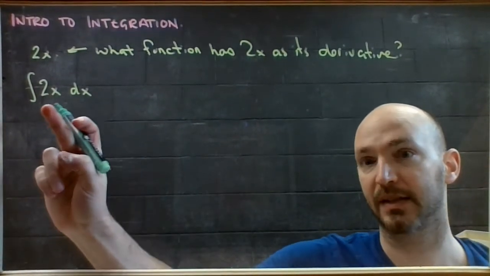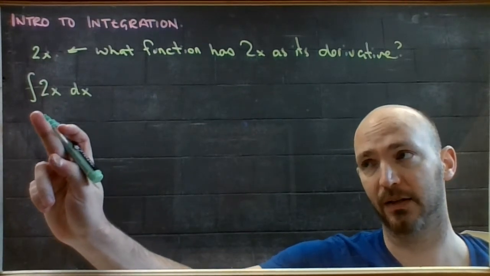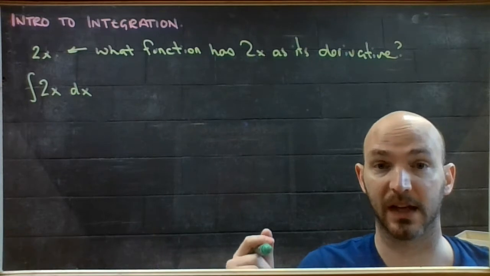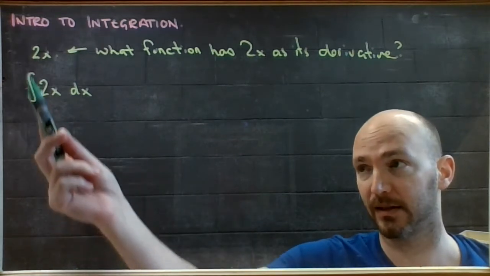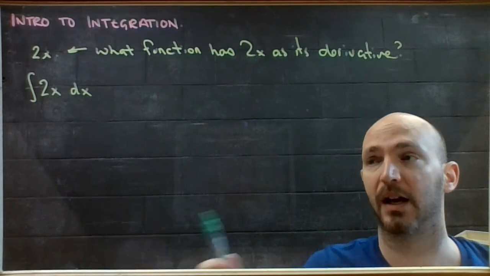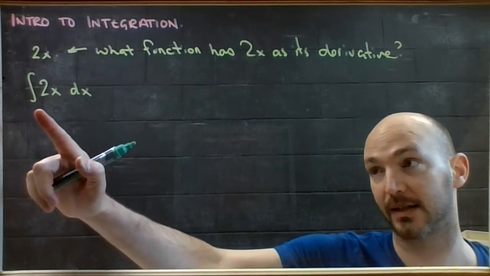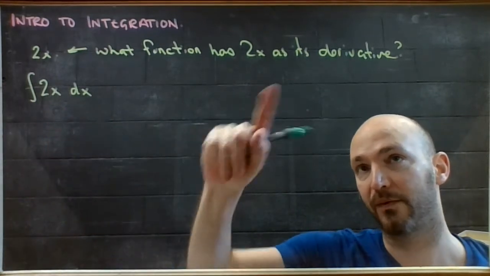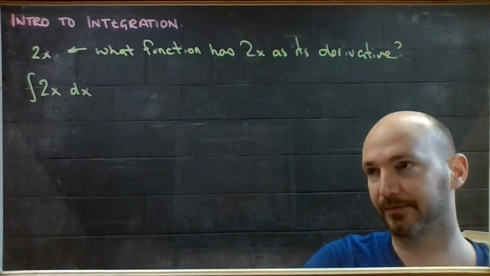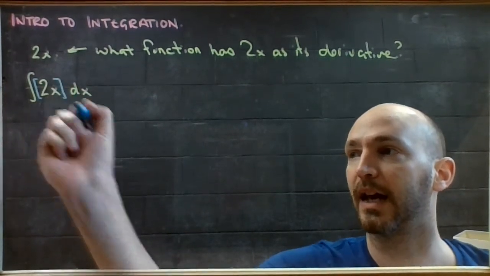So this set of symbols here, it's S for summation, and when we get to the area of curves section, I'll be able to maybe talk you through why it's a big S for summation. For now, all you need to be able to do is recognize that this giant stylized S with a dx at the back is asking you what function has this thing here as its derivative.